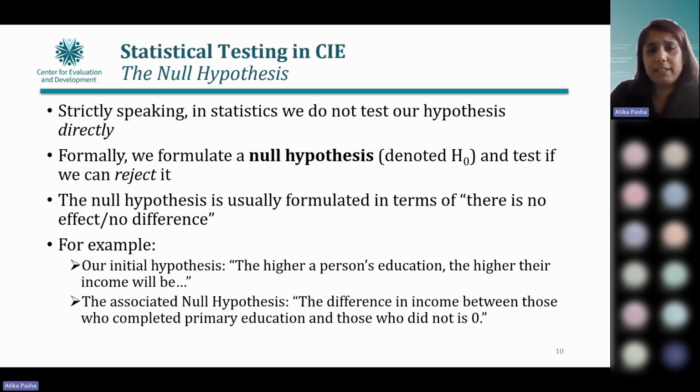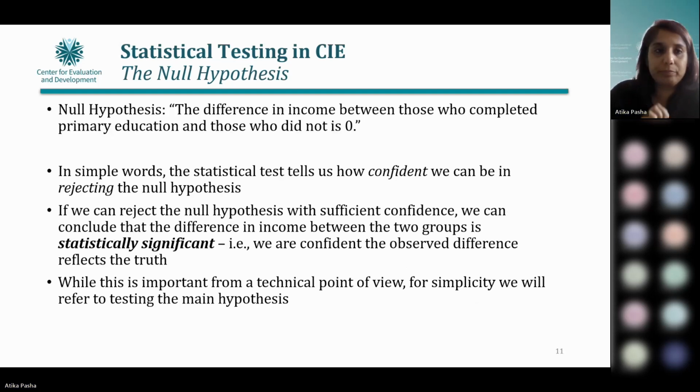Reformulating: the difference in income between someone who completed a primary education and someone who did not complete their primary education is zero, and that is the null hypothesis. And we will set out to test whether this is true or whether there is actually a difference between those who completed their primary education or not.